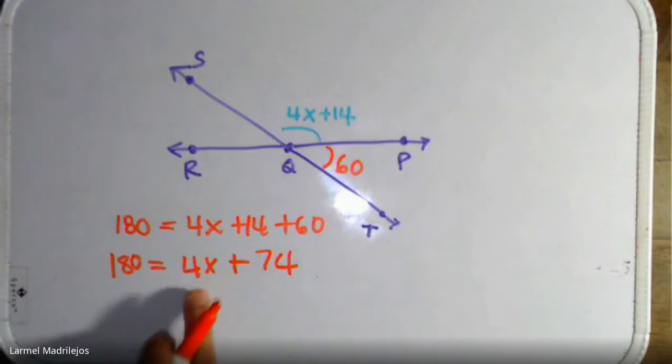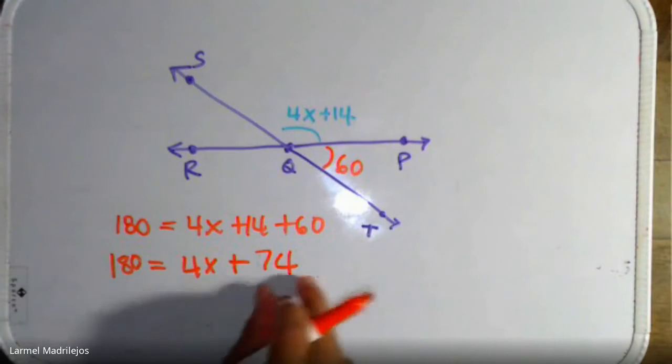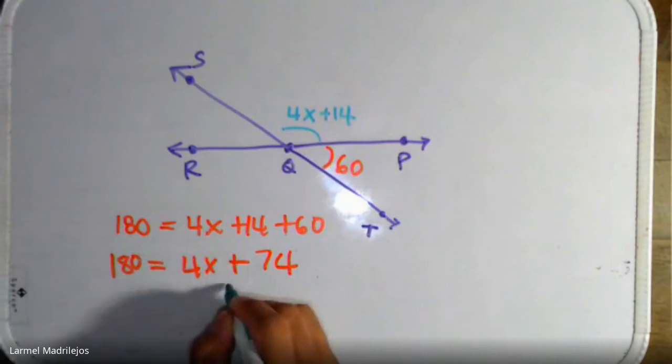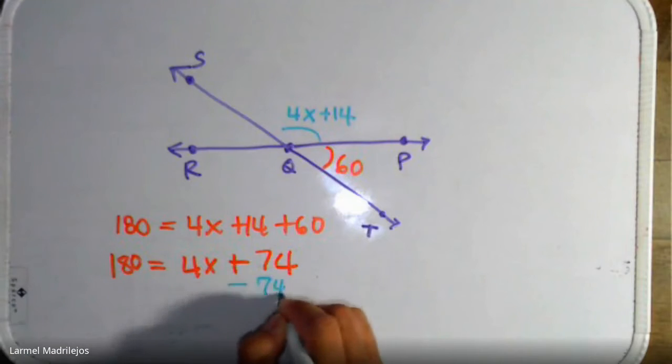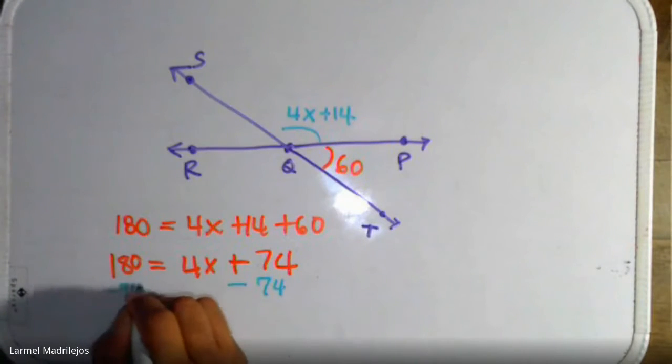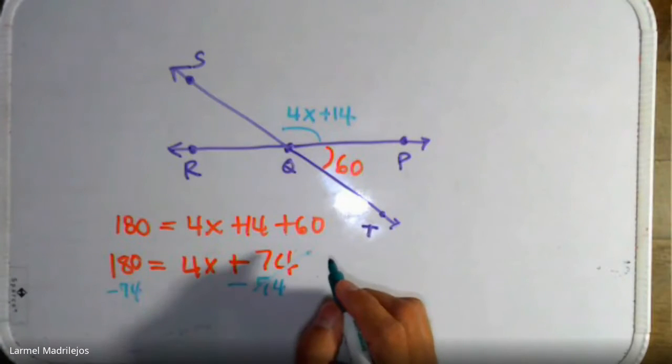Now I need to isolate the x, so I need to move everything around, the 74 and then the 4. Let's start with the 74. If I'm going to move the 74 to the right side of the equation, I'm doing the opposite sign. This cancels out.